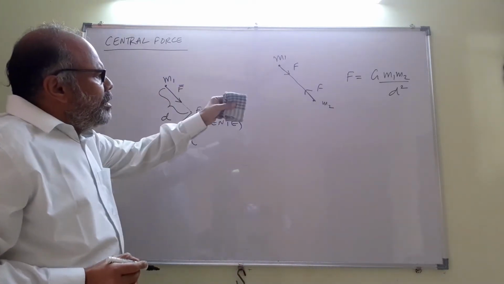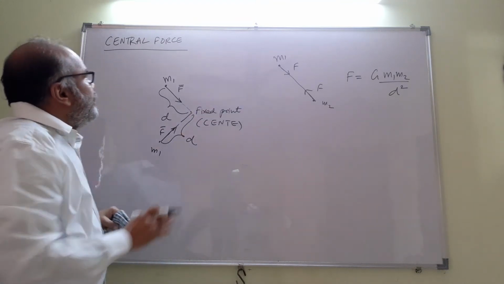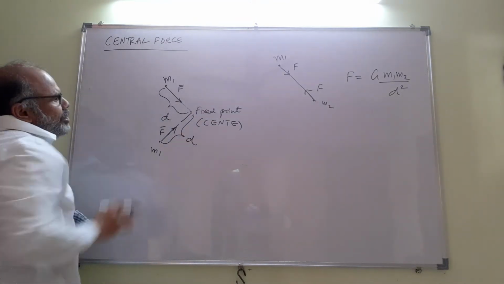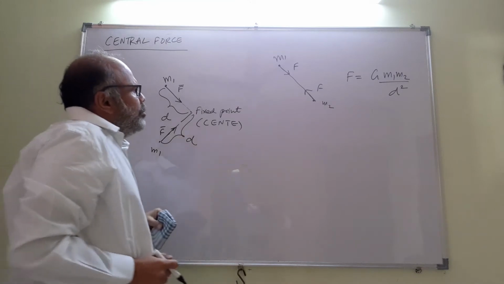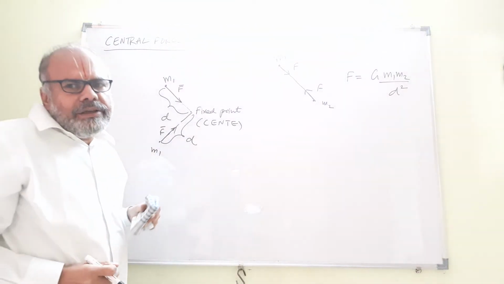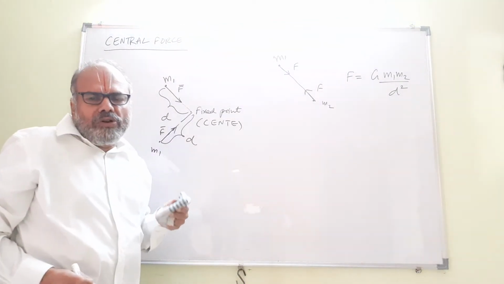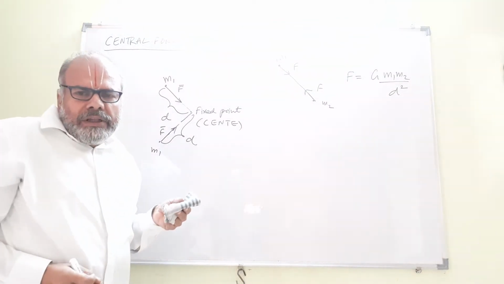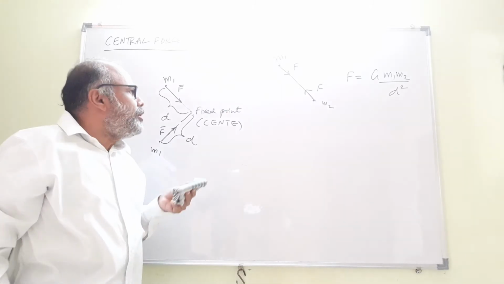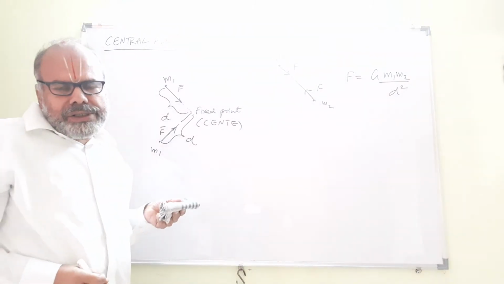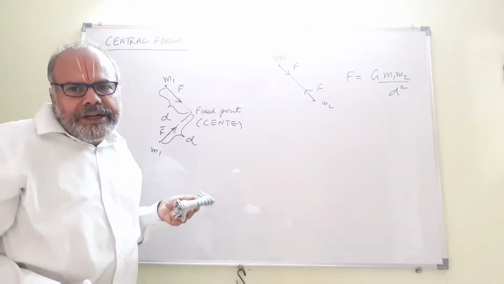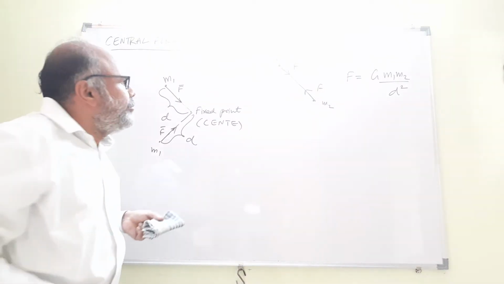Now let us see how these forces satisfy the conditions of a central force. First of all, we have to identify the fixed point. Any point is fixed or moving with respect to a frame of reference, so we need to choose a frame of reference in which we can identify a fixed point.